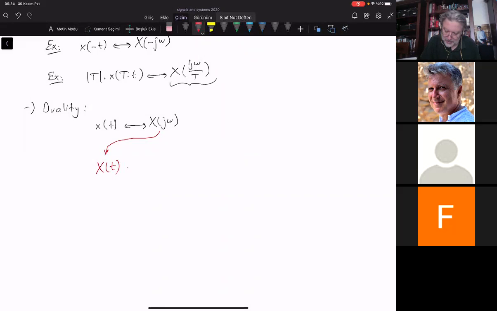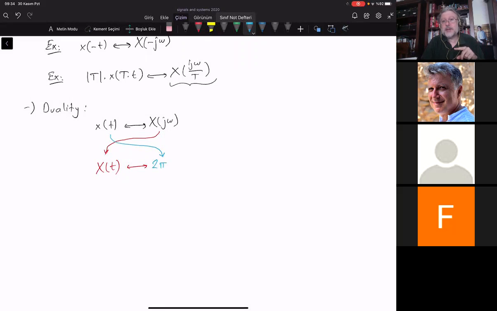So what is the Fourier transform of this new time signal? Since it's a time signal, we take the Fourier transform and we will get something out of it. And that something will be related to the original Fourier transform, 2 pi times.